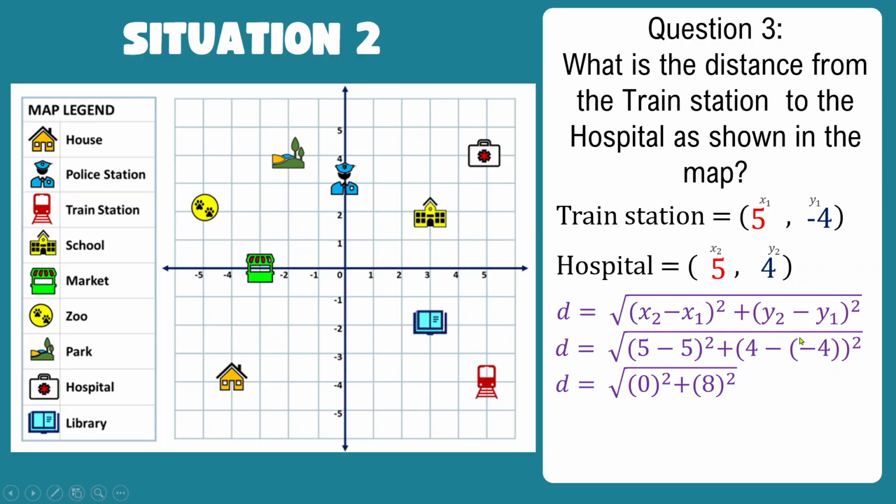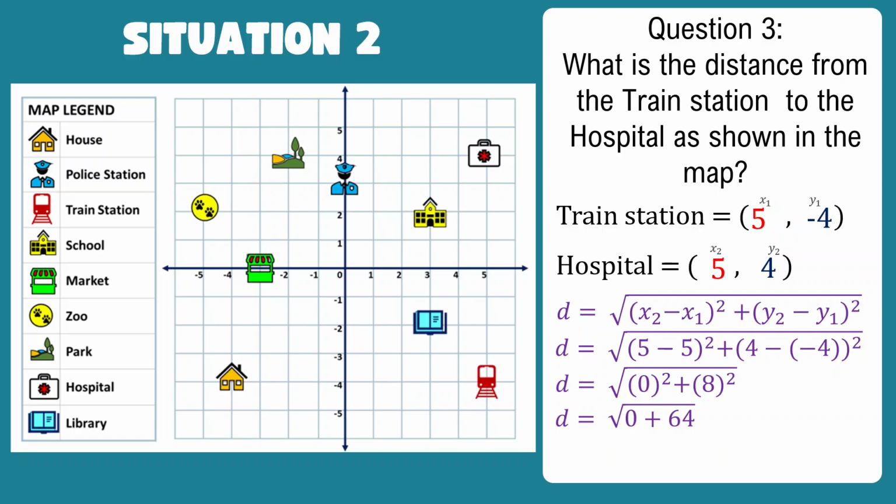Because 4 minus negative 4 is the same as 4 plus 4, because we change the minus sign to plus sign, and then we change the subtrahend to its opposite, so positive 4. So 4 plus 4 is 8. Now 0 squared is 0, and then 8 squared is 64.